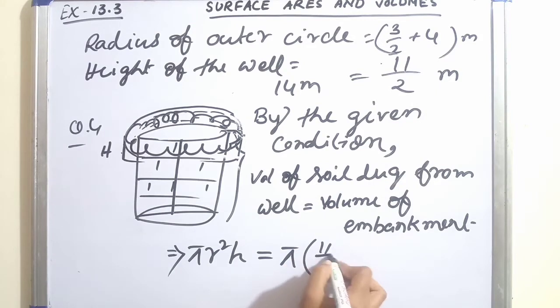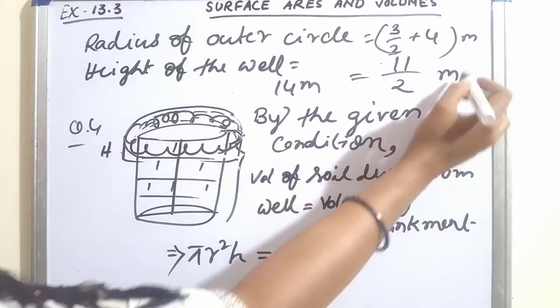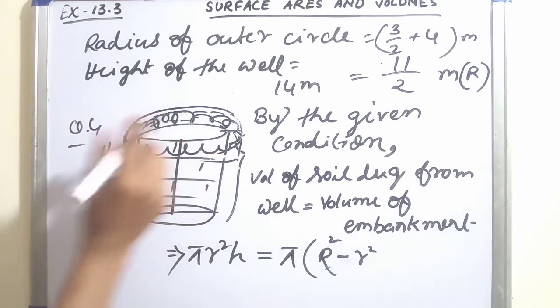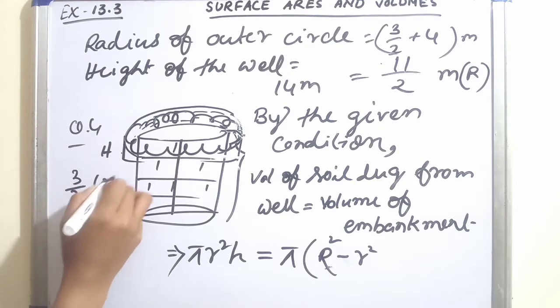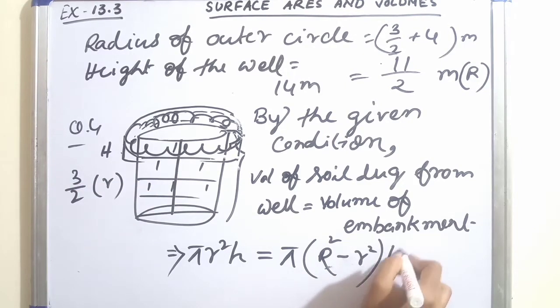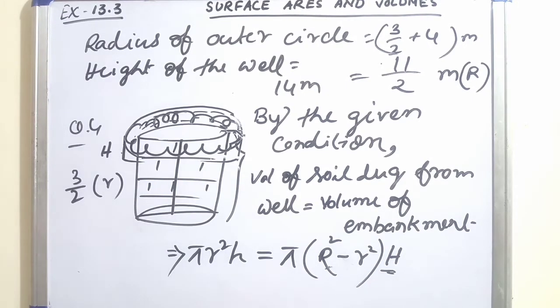Suppose this is capital R. So capital R square minus small r square, where small r is the radius of the inner circle, 3 by 2, into capital H. You have to find this height.